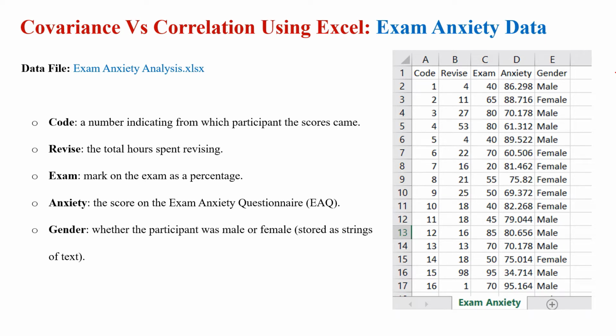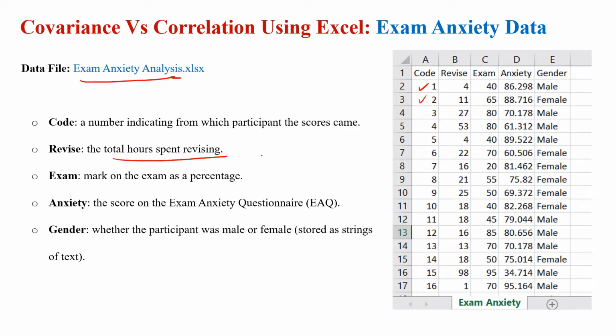Now let's calculate the variance covariance values between the two variables in which we are interested to find out the relationship as well as the correlation. For that I'm using data which is the exam anxiety data. Here we have the code, which represents the independent participant, the first participant, the second participant, and this indicates how many hours he has revised, meaning the total hours he spent to revise the syllabus.